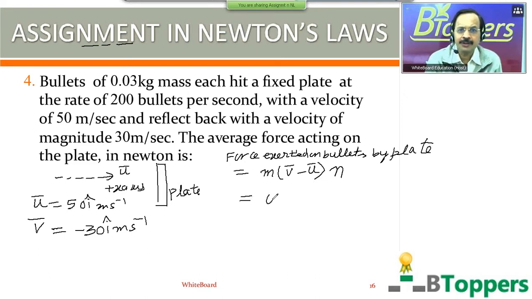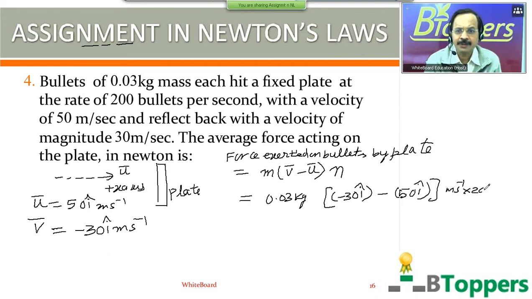So m is the mass of each bullet, that is 0.03 kg. v bar is minus 30 i cap. u bar is 50 i cap meter per second. n is the number of bullets that strike per second, that is 200 per second.